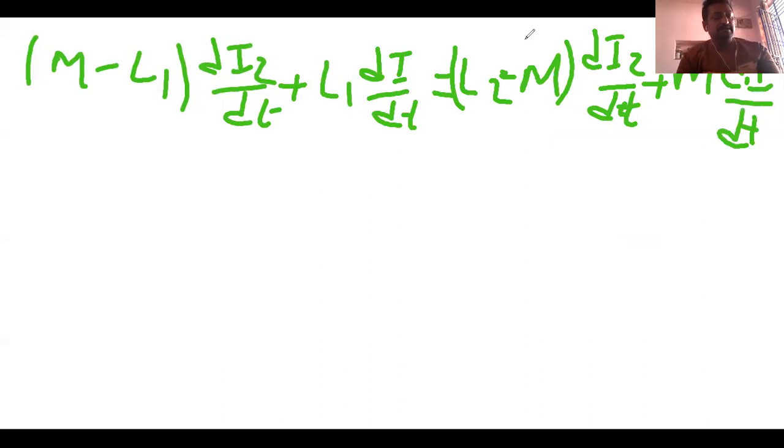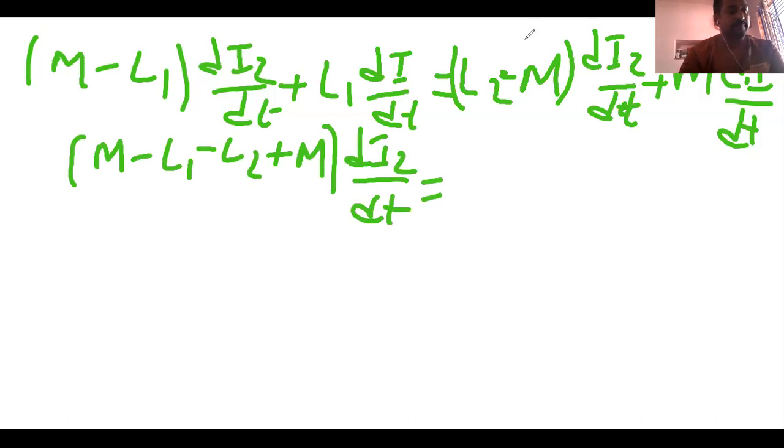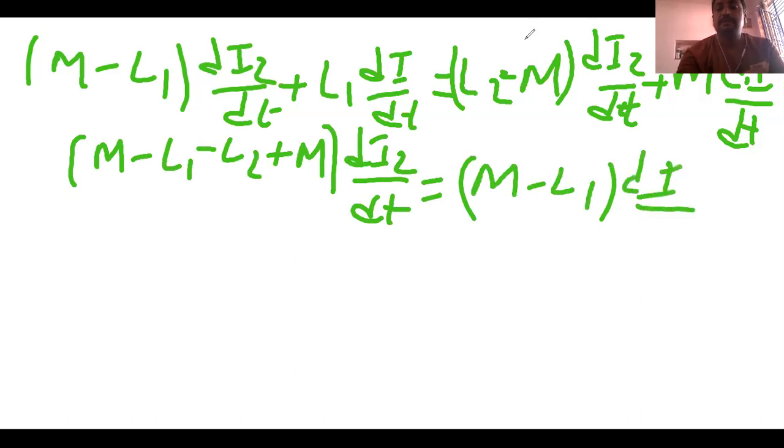Now we'll take all the di2 by dt terms to one side and di by dt terms to one side. So how does it modify here? (M minus L1 minus L2 plus M) into di2 by dt is equal to what we get as (M minus L1) into di by dt.